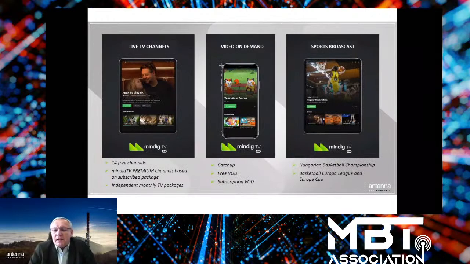And finally, some words about the OTT part of the service. We have a complete OTT service which contains 14 free TV channels. For the pay TV subscribers, all the TV channels are available on the OTT part as well, free of charge. And there are independent monthly TV packages here as well.